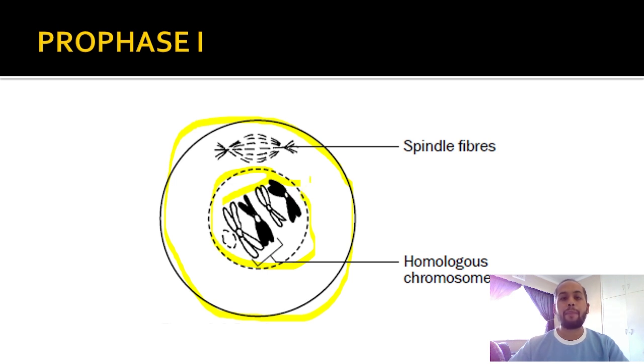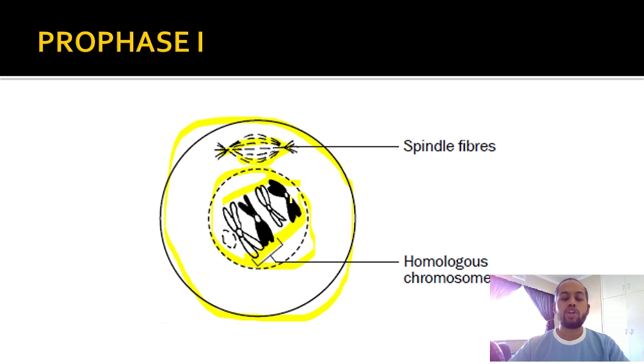So what exactly happens in prophase I? Firstly, your nuclear membrane or your nuclear envelope is going to start to disappear and disintegrate. Secondly, your spindle fibers are going to start forming. Thirdly, and most importantly, you're going to have a very important process taking place here between these chromosomes.